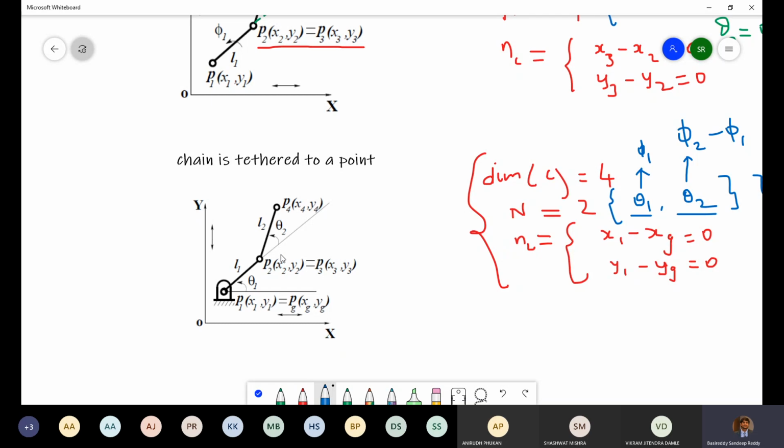That is why this is important, that always when you try and write any system, you try and use the minimum number of coordinates, and in a lot of cases, at least for mechanisms, because they have a lot of constraints, it is better to use joint angles as the way of expressing the motion of the system, right?